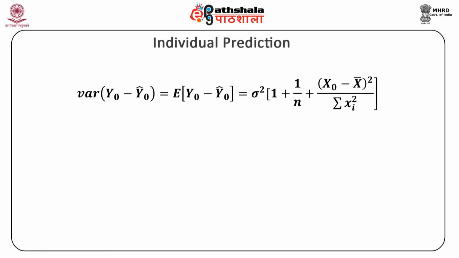Let me clarify, the x in the numerators are capital X, whereas the x in the denominator is small x, which is the deviation of x from the mean.